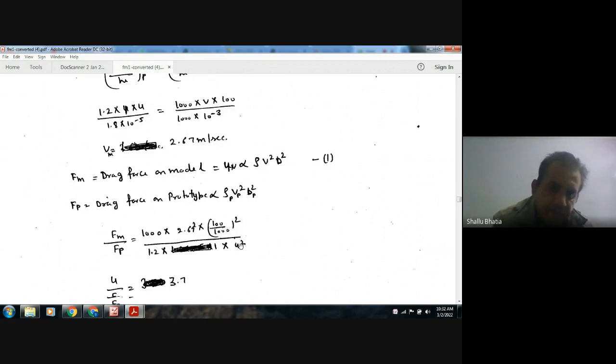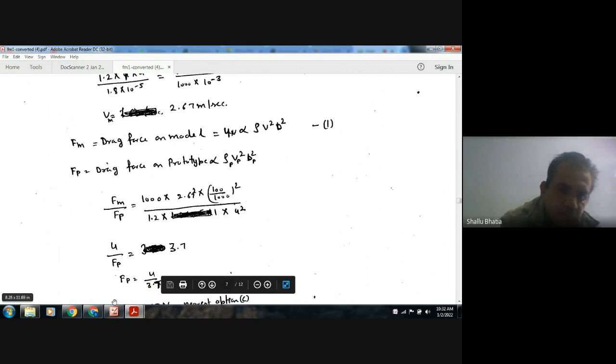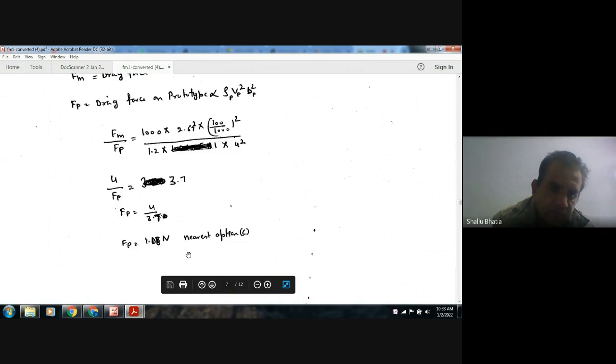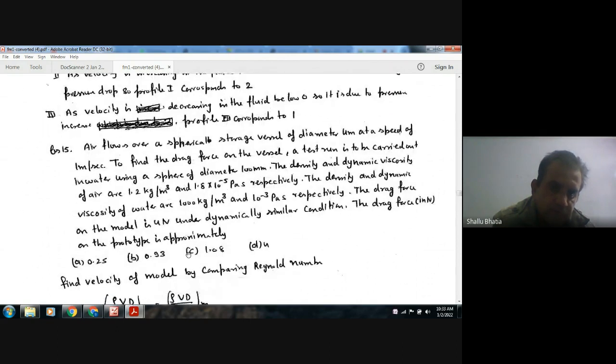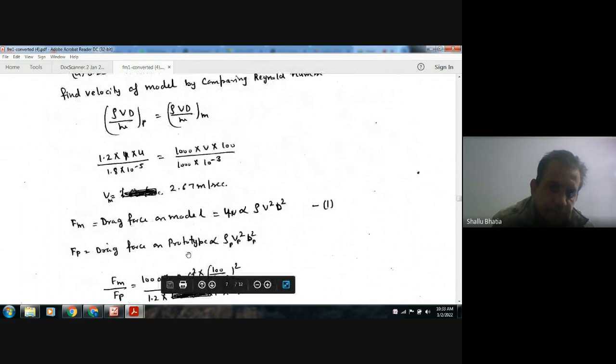So the drag force on the model, 4 Newton, is proportional to rho v square d square, and similarly for the prototype it is rho p v square d square. Now dividing the two, and putting the values of rho and rho p, we can get F_p. So it is 1.08 Newton. Option C is the nearest option.